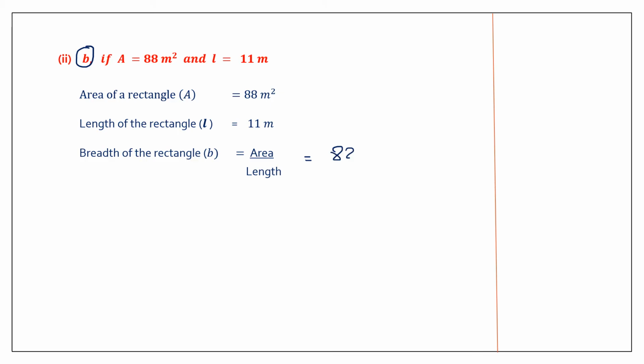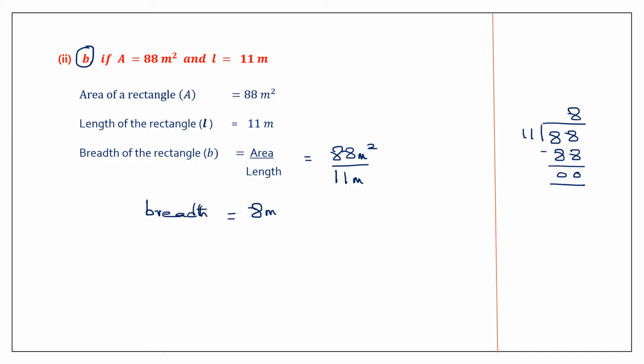So we have 88 meters square divided by 11 meters. So dividing 88 by 11, 11 eighths are 88. So minus 0. So here we have found that 88 by 11 is 8, and this is meters since we are finding the breadth of the rectangle. So we have found our answer to be 8 meters, a final answer.